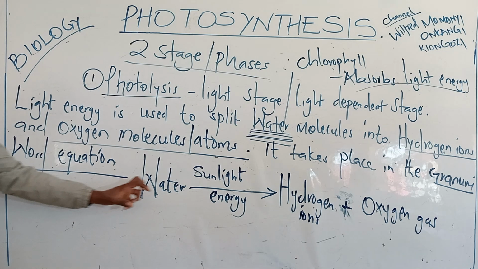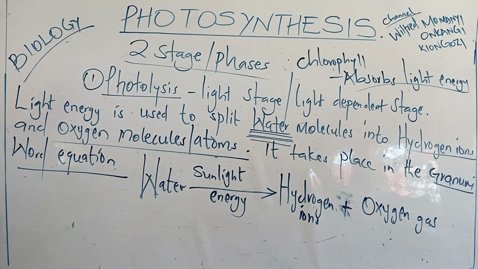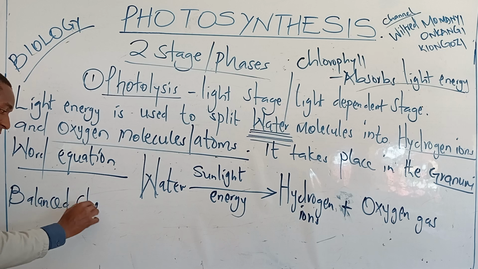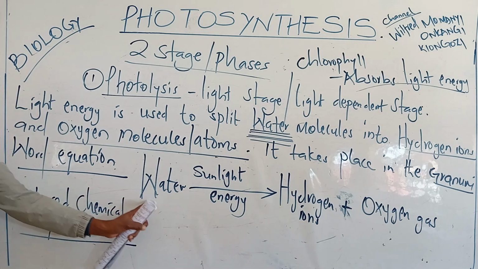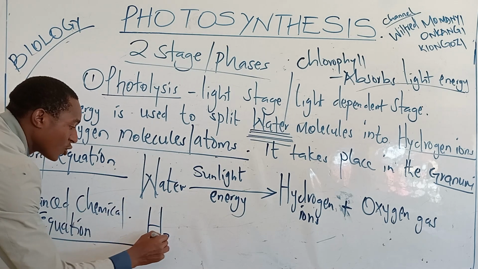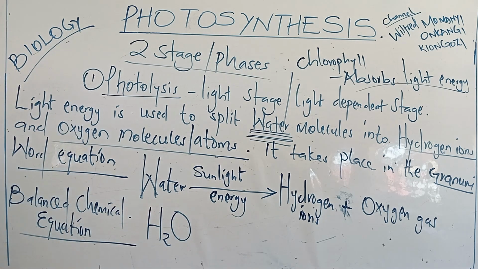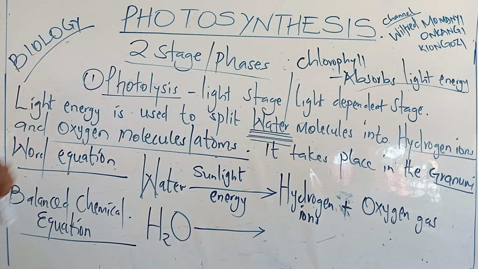Now look at this. You can write a balanced chemical equation from this word equation. We write the chemical symbol for water, which is H2O. Then we put an arrow, and every time we are putting an arrow, we must write the condition.